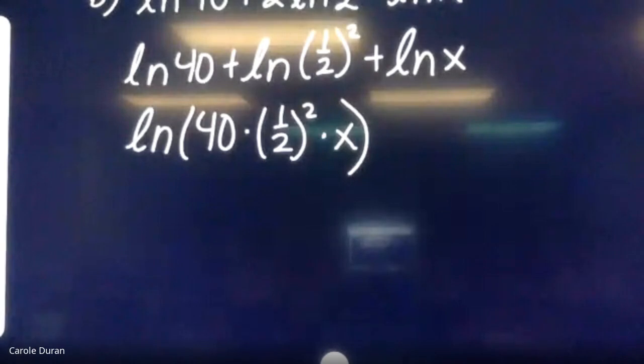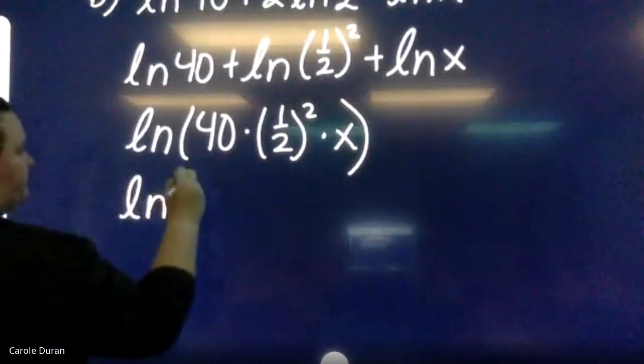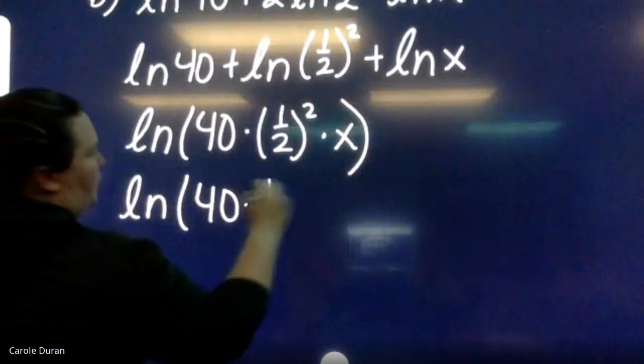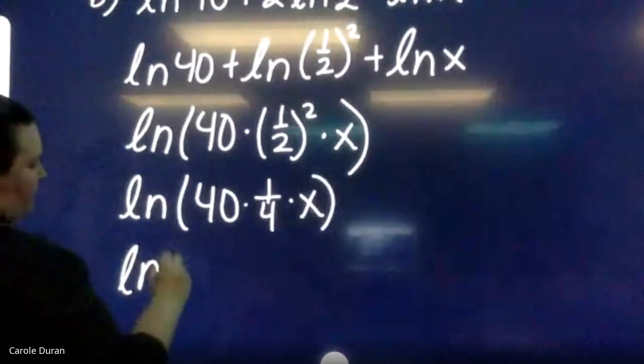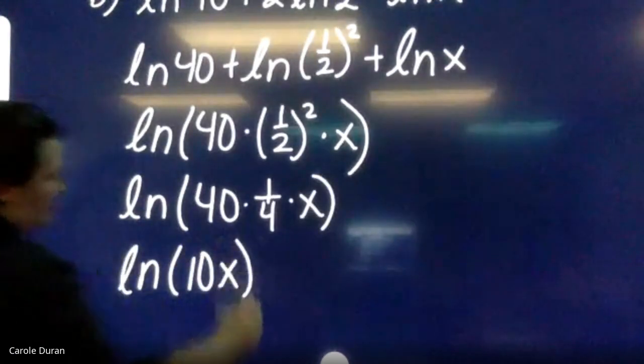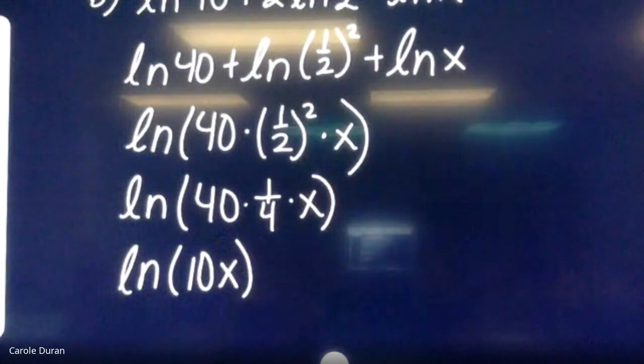So 1/2 squared becomes 1/4. So I have 40 times 1/4 times x. And 40 times 1/4 becomes 10, times x is 10x. So that simplifies into the natural log of 10x, which is much easier to work with than what we originally started with.